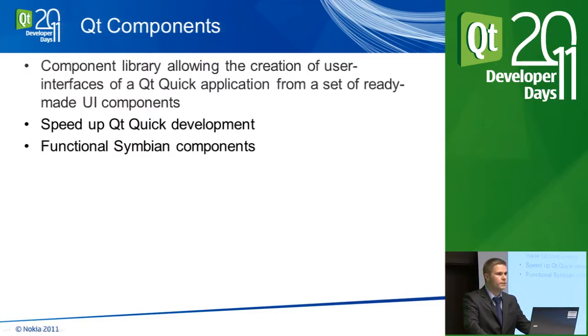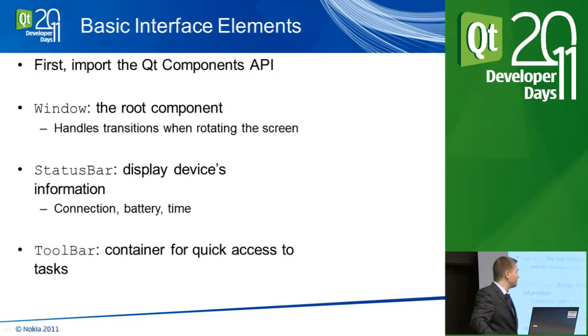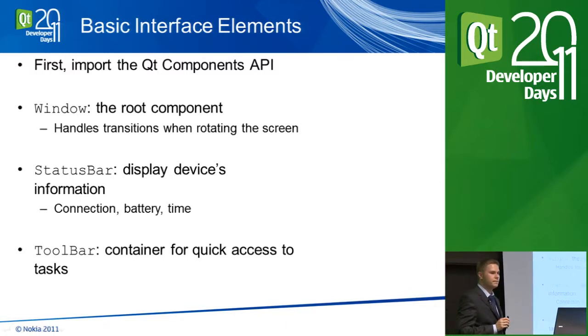And Qt Quick makes this really easy because it's so easy to write new UIs. Let's cover a couple of basic elements, and these are also something that we'll be using in the demo section, the fourth section of today.